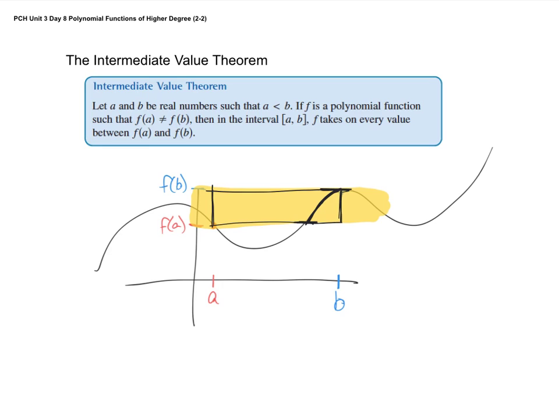So, let's put this into some understanding. Let's say this is the point (2, 8), and this point up here, point b, f of b, is the point (7, 15).